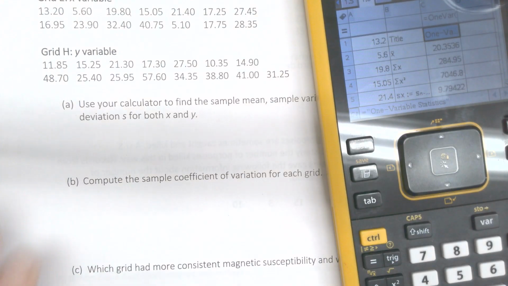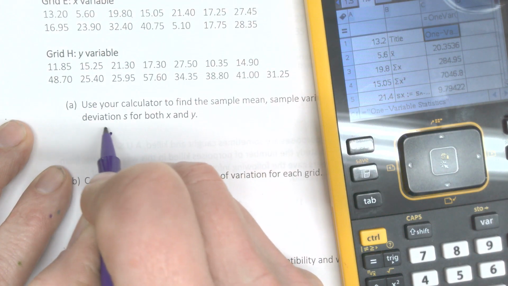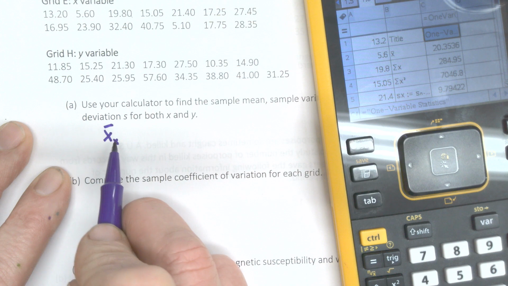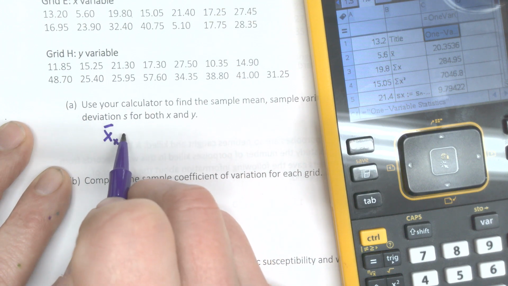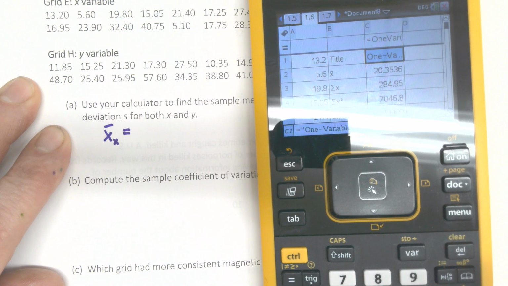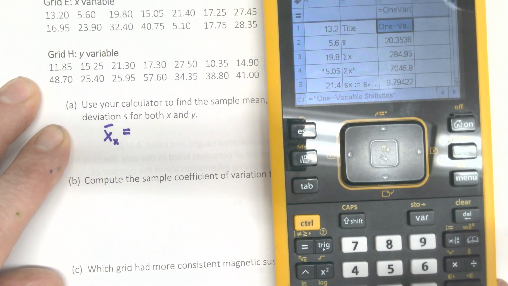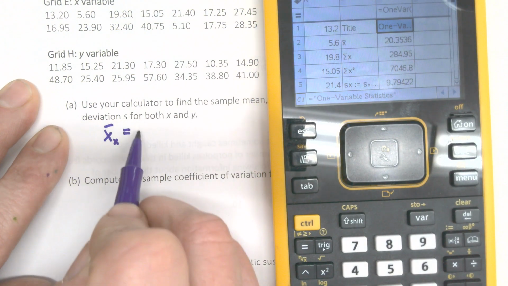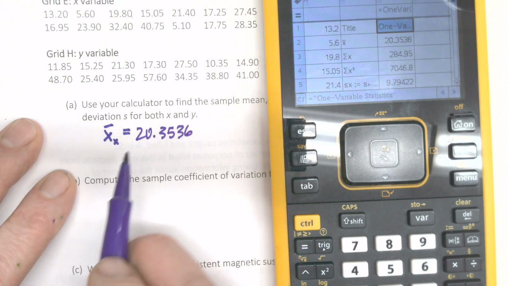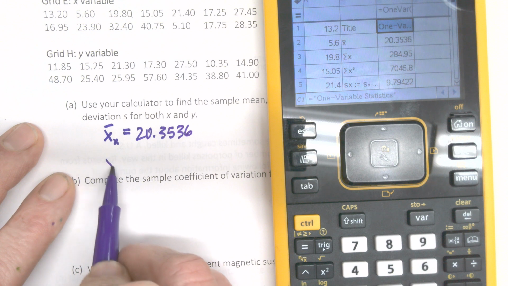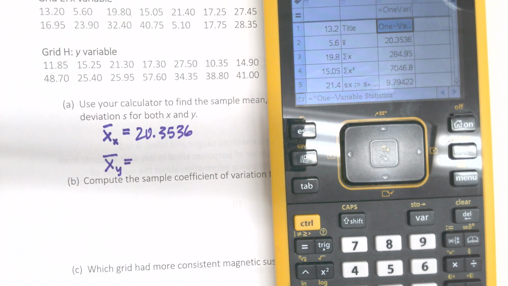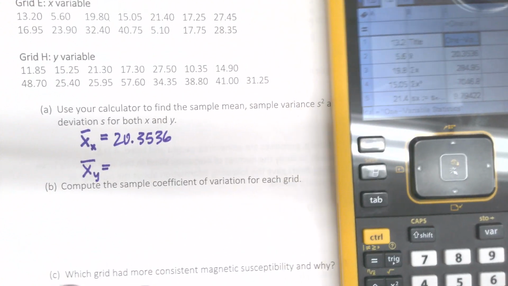They will say the sample mean is X bar of X, with a little subscript X, and I'll look on my calculator here, X bar is 20.3536. And if I want to find X bar for Y, I'd write X bar Y equals, and I'm going to let you do that calculation, okay?